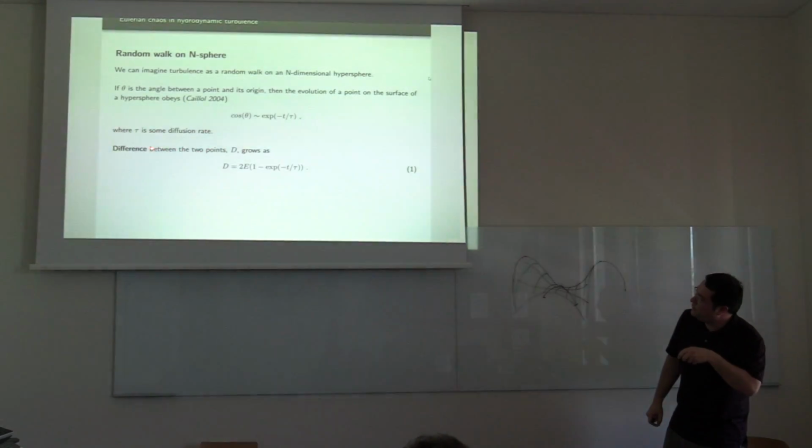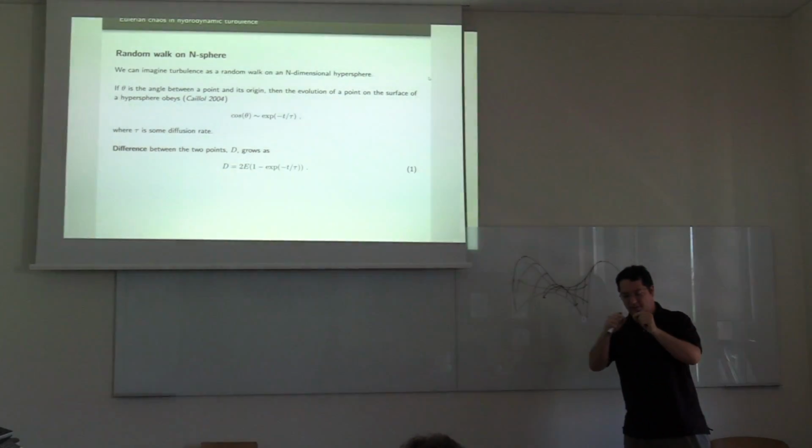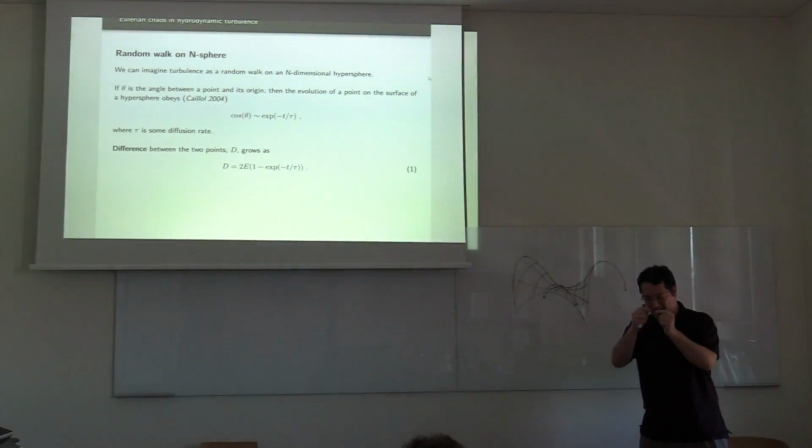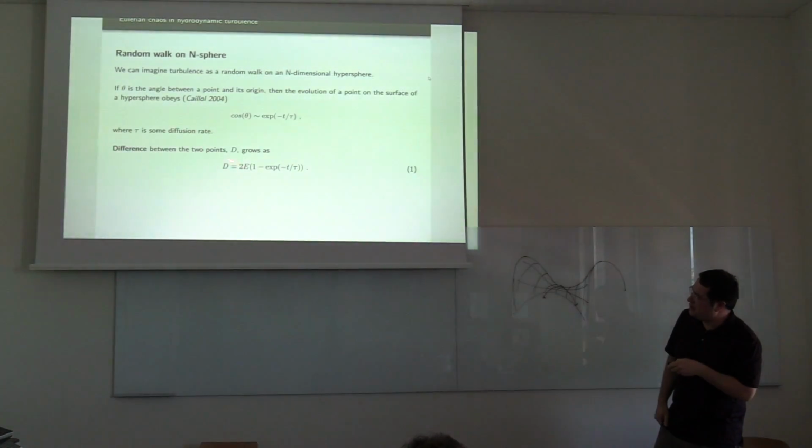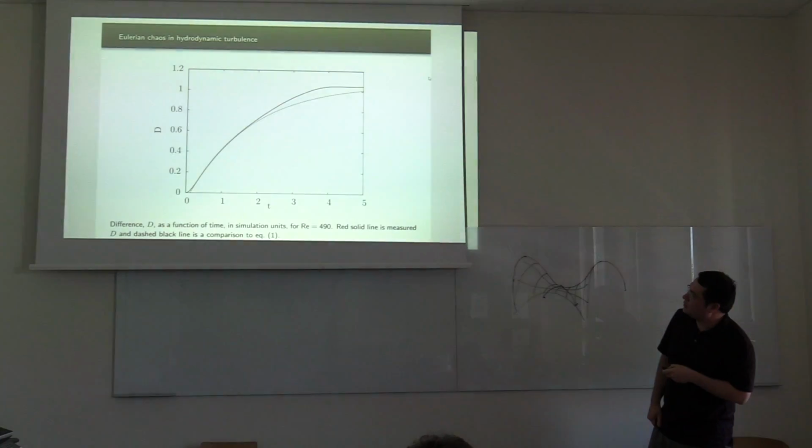Now, the difference, which is the Euclidean distance between the point and its origin, should grow as 2 times E, where E is the turbulent energy, times 1 minus this. So we put this in our experiments.